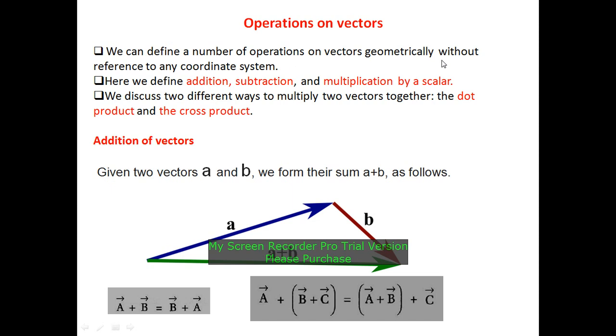So without any geometrical reference point, we consider only addition, subtraction and multiplication. That is why it is called by scalar. We discuss two different ways to multiply two vectors together, which are the dot product and cross product. So dot and cross, I discuss in my later slides.